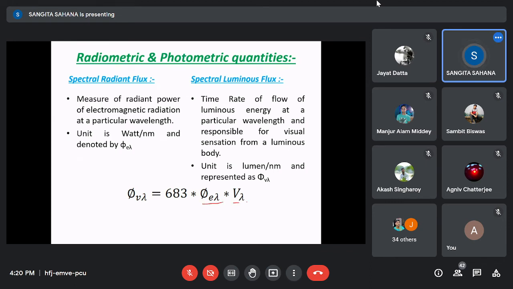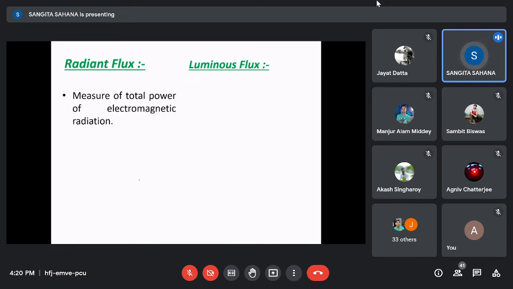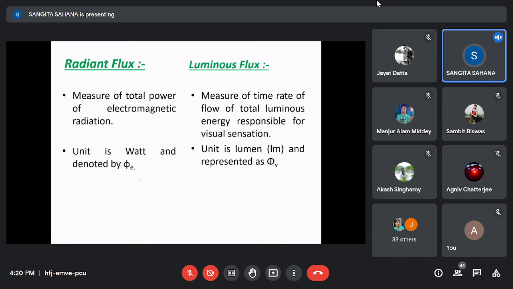You consider V lambda along with that, and you will get the visible part, or spectral luminous flux. This is the same, just instead of spectral, we are considering the total. So the total output phi E in watt, total visible output phi V in lumen. Okay.